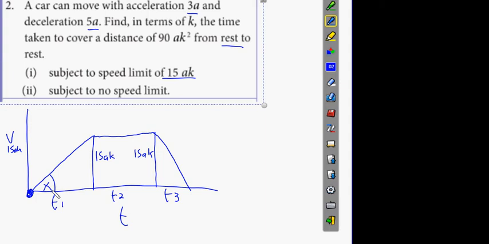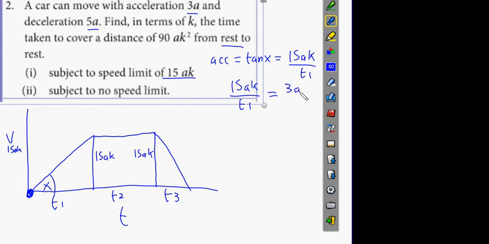So, acceleration equals tan x, and tan x is, what is it? 15ak over T1. Now, what does that mean? 15ak all over T1 is equal to 3a.